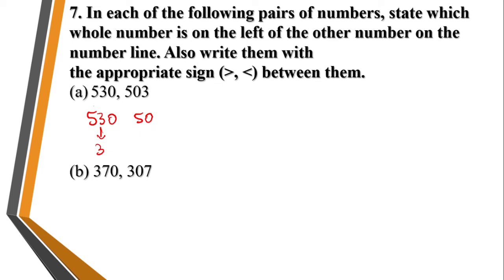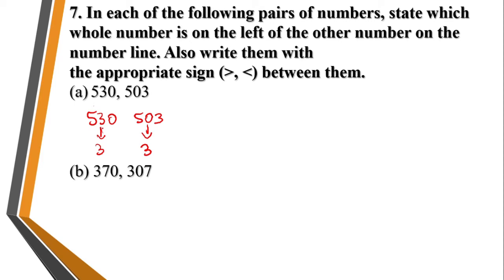So in the second number also we have 3 digits. So 3 and 3 are equal. But if the digits are equal, we should compare the leftmost digit. Now, here in the first number, the leftmost digit is 5, and in the second number, it is 5 again. So 5 and 5 are equal. So now, if the leftmost digit is also equal, we should compare the next digit from the left. Right?